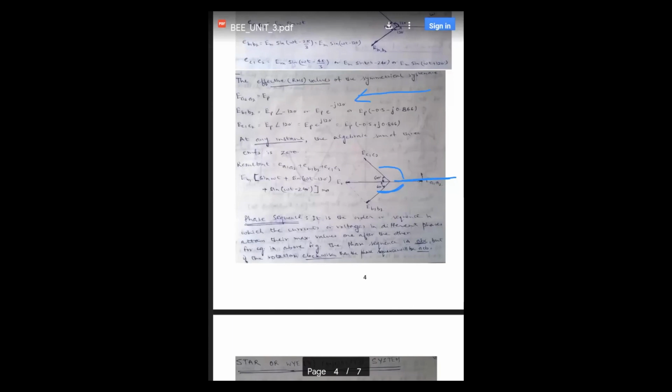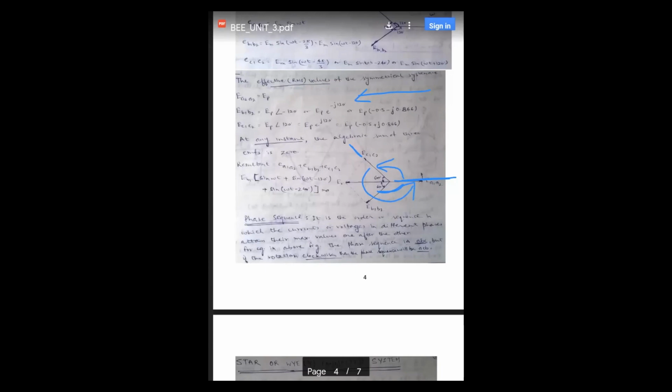similarly this C phase is lagging the A phase by 240 degrees. Okay, so we can say that this is lagging by 240 degrees because it will reach the reference axis or the x-axis after the passage of 240 degrees. Or we can say that it is ahead of the x-axis by 120 degrees.